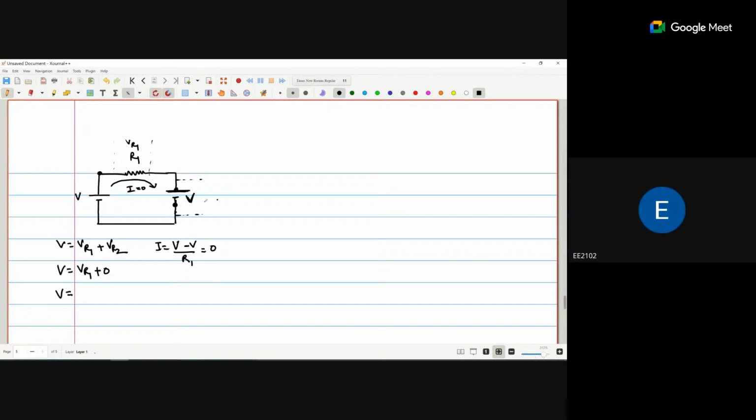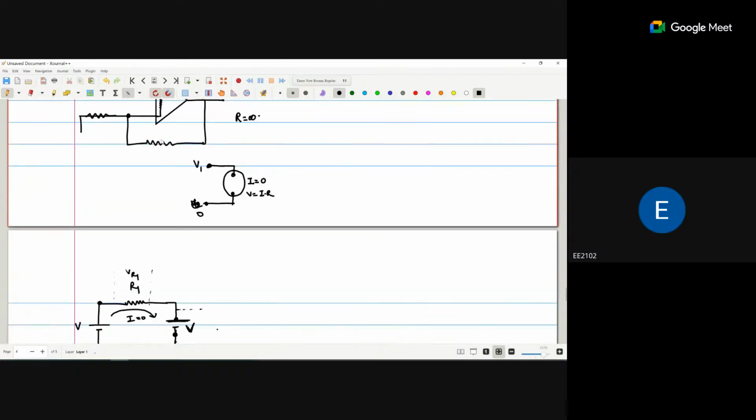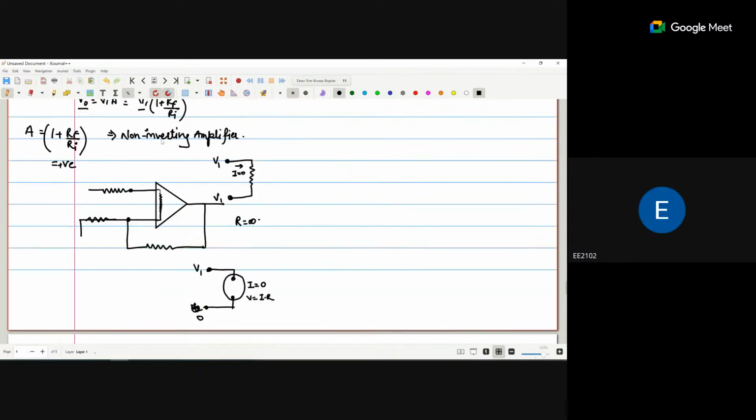If it is an open loop, all the voltage will drop across this one. Clear? Now we go back to this part. If this is infinite or behaves as an open loop, all the voltage will drop across this one.